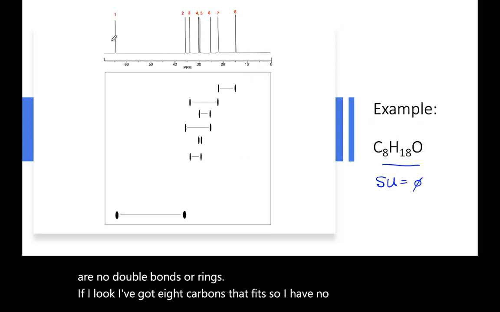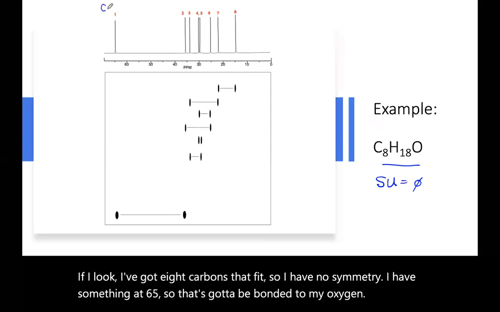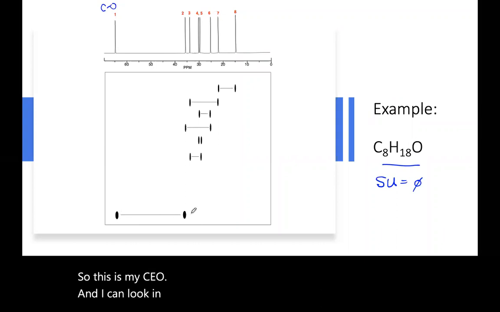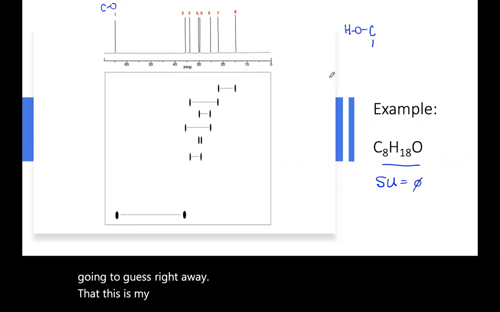I have something at 65, so that's got to be bonded to my oxygen. So this is my CO. And I can look, and 1 is only bonded to one other carbon. So I'm going to guess right away that this is my oxygen and it's bonded to carbon 1.